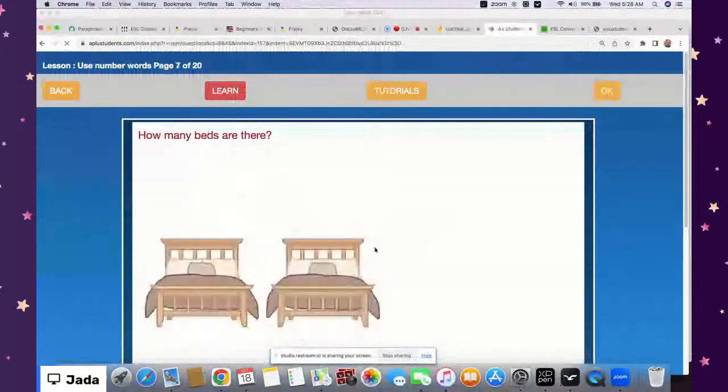Do you have any questions from this one? You can type yes or no. If you have no question, you just say no. But if you have a question, say yes, and then you can ask your questions.